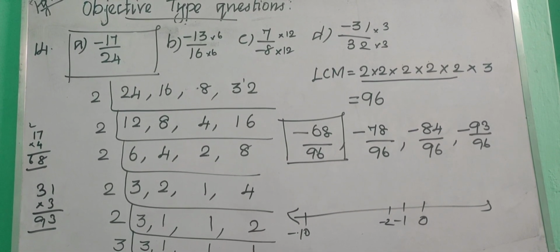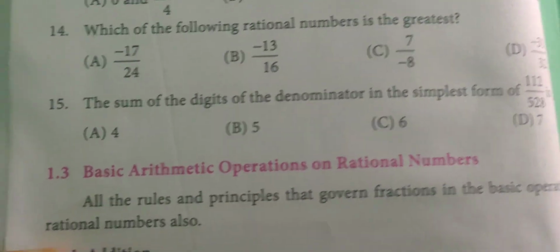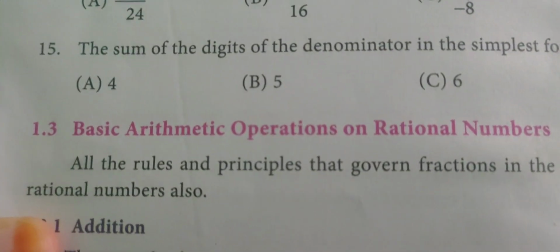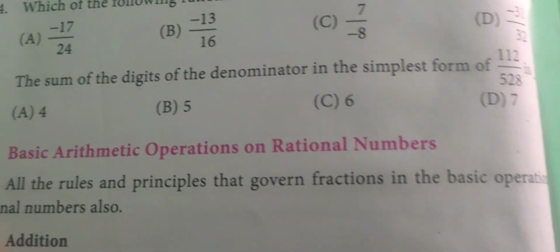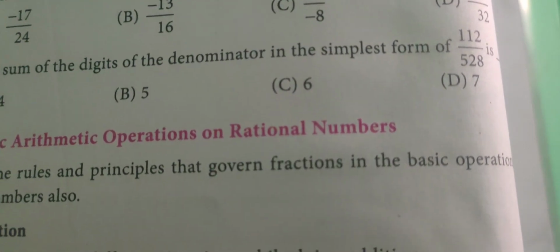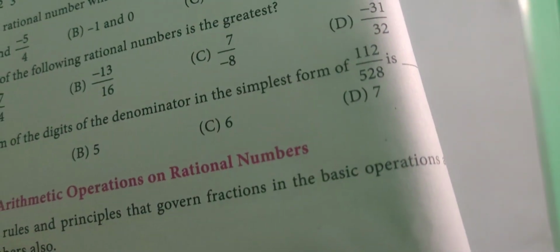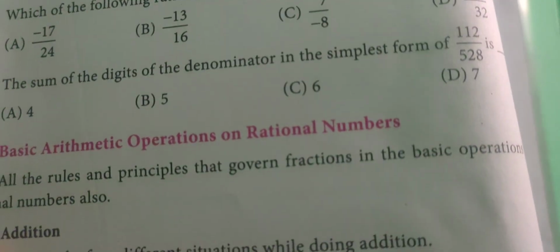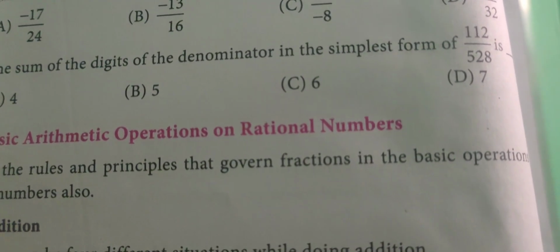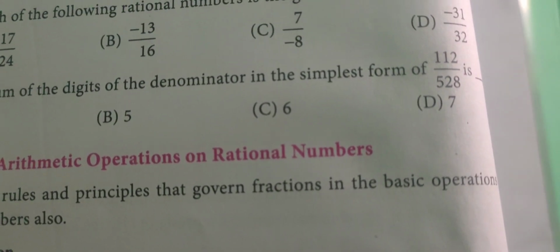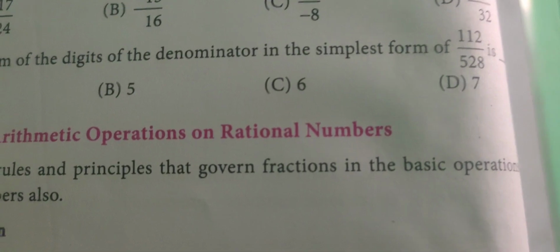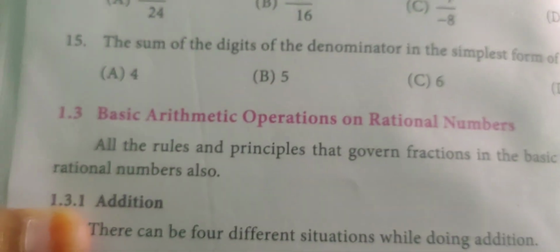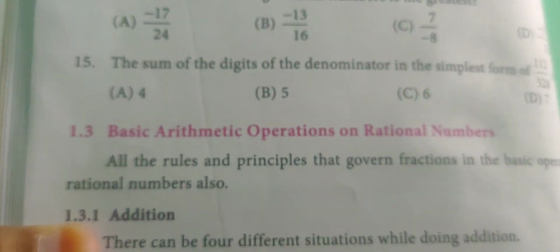And then the 15th question. The sum of the digits of the denominator in the simplest form of 112 upon 528 is dash. So first of all we need to bring this 112 upon 528 into the simplest form. After that, the sum of the digits of the denominator.